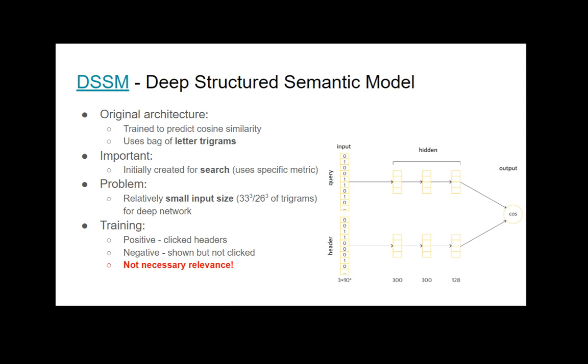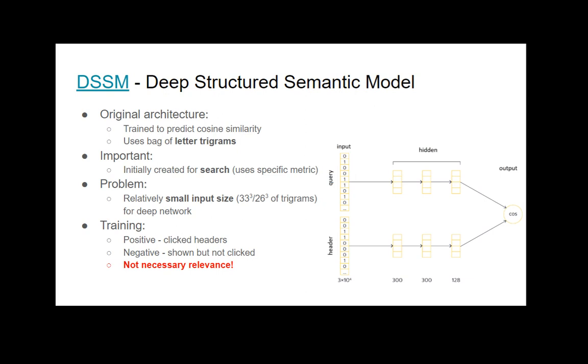So they use it, of course, for specific tasks, meaning that they will target the specific metric. Second, the problem. If we use a deep network, if you just multiply 300 by 300, you'll get what? 90,000.